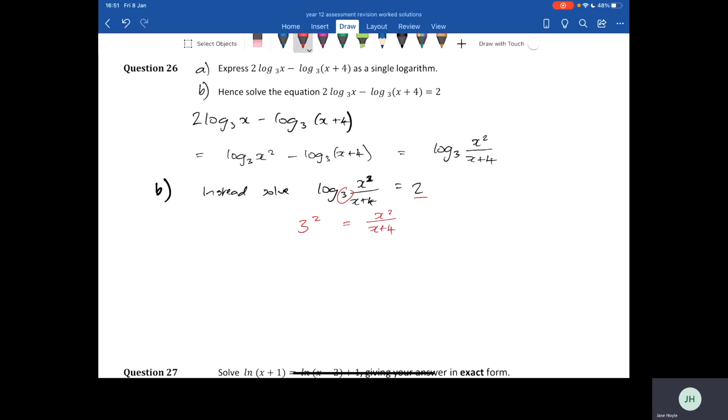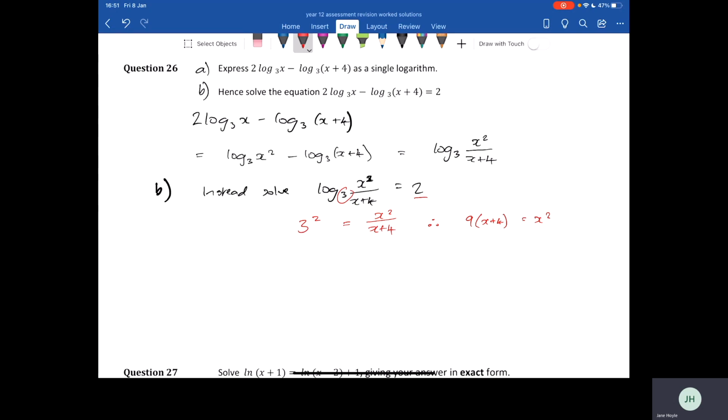Another quadratic equation. I'm going to try and fit it in this gap. So I've got 9 equaling, actually let's do those 2 stages at the same time. So I'm going to have 3 squared multiplied by the x plus 4 equaling x squared.